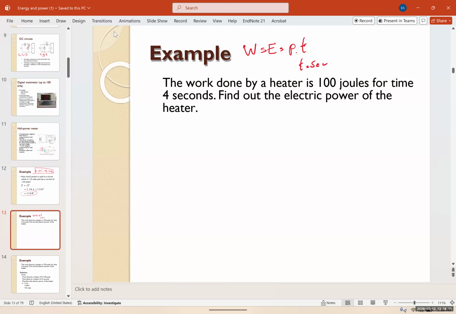So I want to find the power per second. I'll give you a few minutes to think on this.